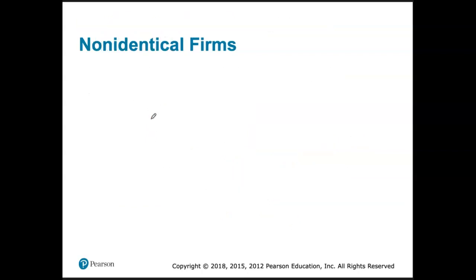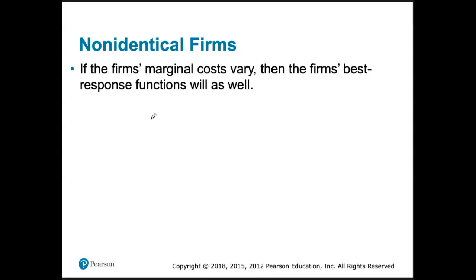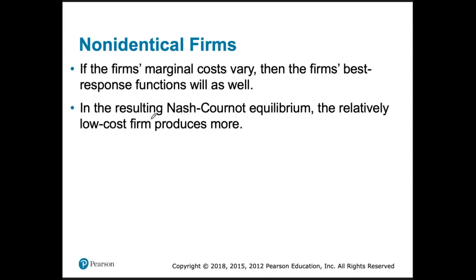Finally, we have non-identical firms. We assumed in our Cournot example that the firms had identical costs and products. In the real world, this is not always the case. So what if the firms are non-identical? If the firms' marginal costs vary, then the firms' best response functions will vary as well.